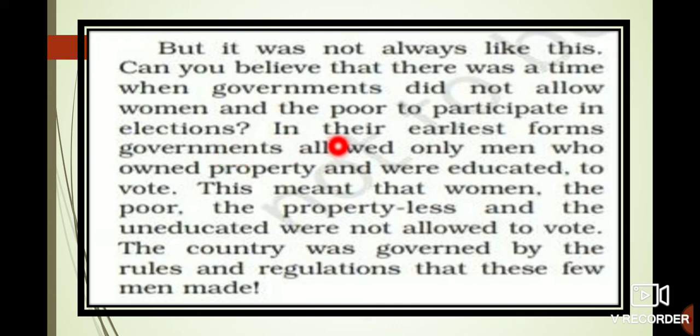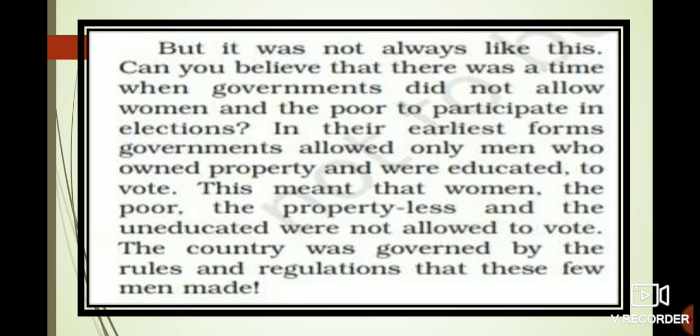In the earliest form, government allowed only men who owned property and were educated. In earlier times, only the people who had property and who were educated were allowed to vote. This means that women, the poor, the propertyless and the uneducated were not allowed to vote.